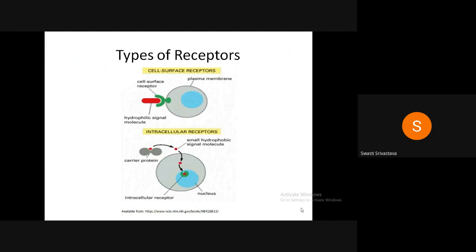Another kind of molecules are the hydrophobic or lipophilic molecules. Your extracellular matrix is mostly aqueous, so these molecules would not be able to travel through that medium.